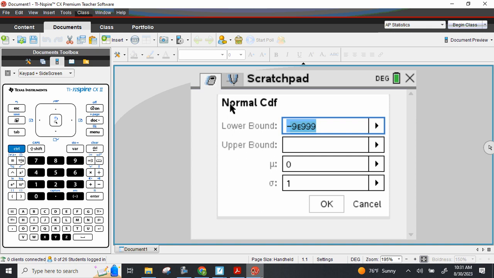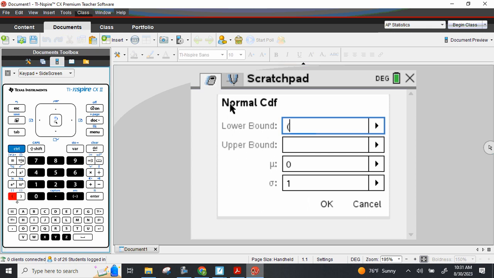If I had to put it in, I would put, I hate that I can never find my negative sign here. Nope, that ain't it. There you go. I guess we can just use minus, huh?